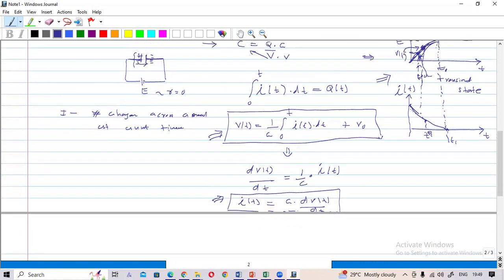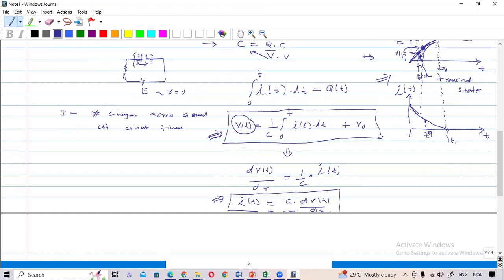And maybe you can remember that if you have a series resistor along with this capacitor, we can write the equation using this one or this one. So definitely that will be a differential equation. By solving that differential equation, you can find the answer for this v(t).